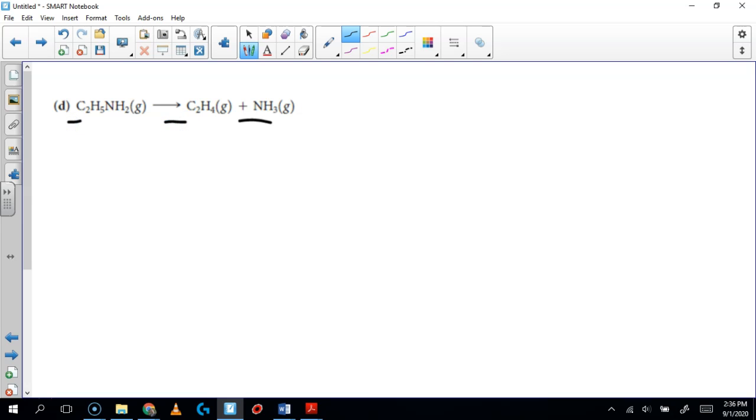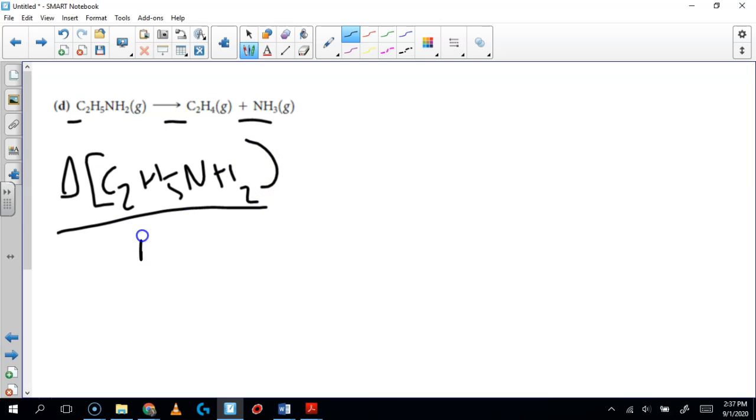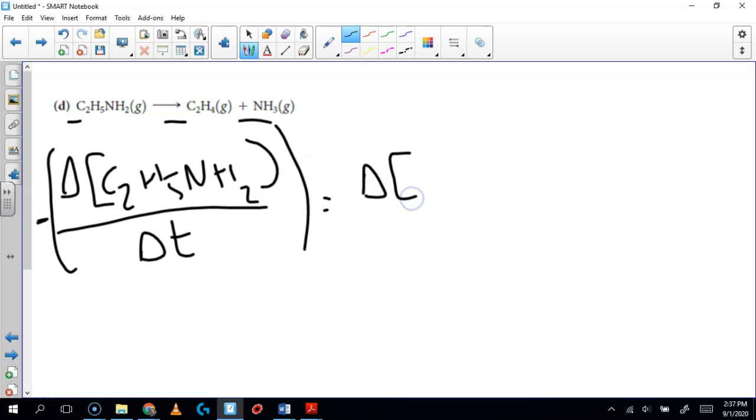So in this case, it's really just the change in the concentration of C2H5NH2 over the change in time. Now I'm going to make that negative because it's a reactant, equals the change in concentration of C2H4 over the change in time.